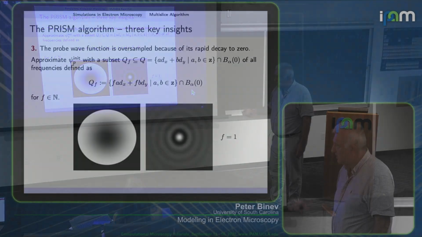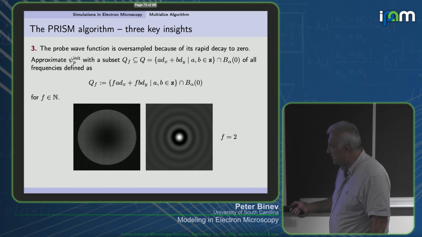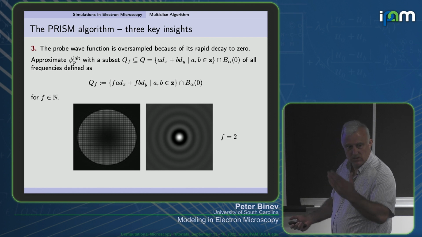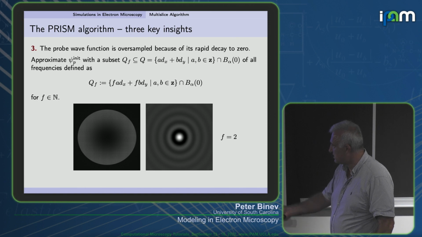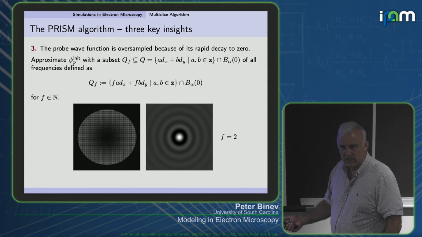Here is the original one, when we have all the frequencies. And then we can say, okay, we subsample the frequencies. We take every fourth frequency, so we sample twice in this direction, twice in that direction, and receive this function. It's not much different, actually, in the slide.